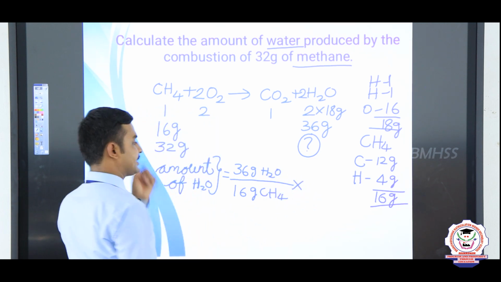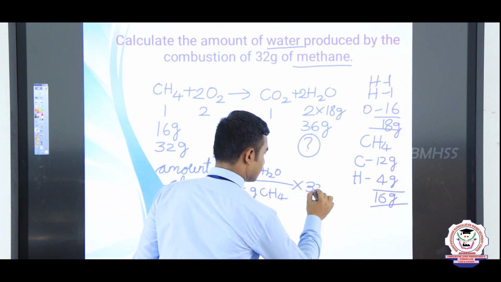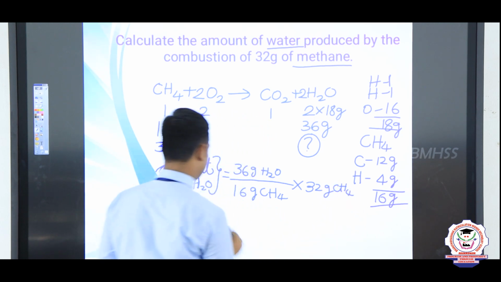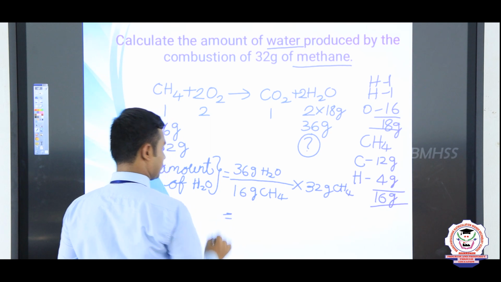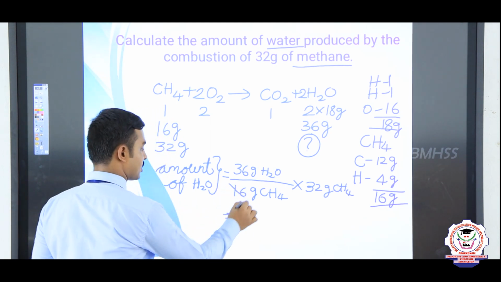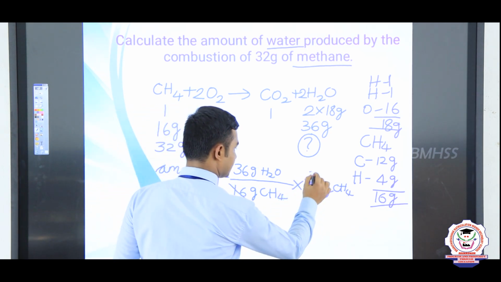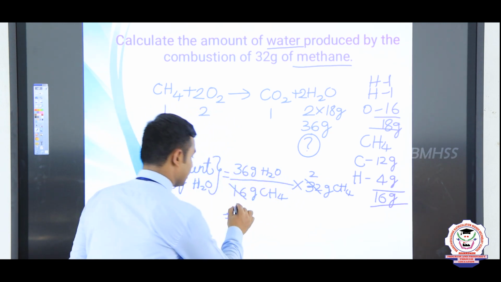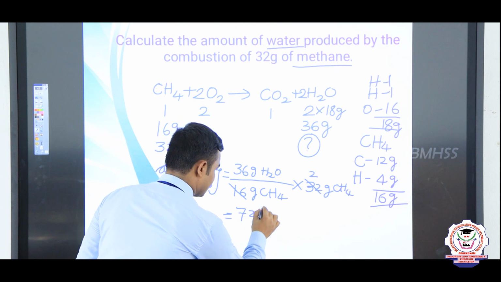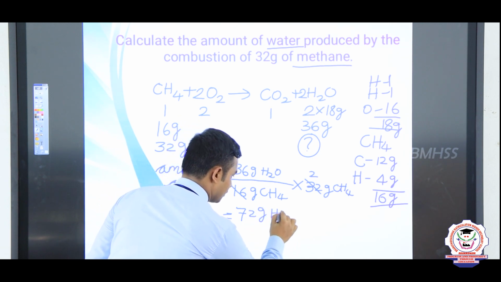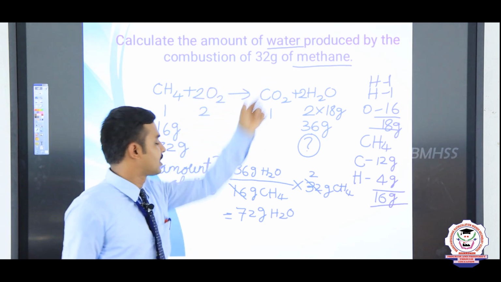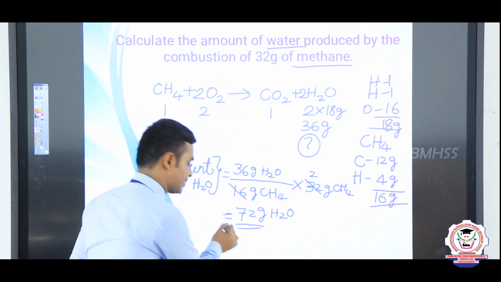So, how much water is produced by 32 grams of methane is the question. To find the answer, 16 goes into 32 two times. So, 2 into 36, 72. 72 grams of water can be produced by 32 grams of methane. So, the answer is 72 grams.